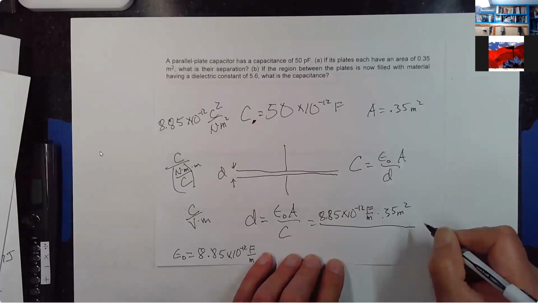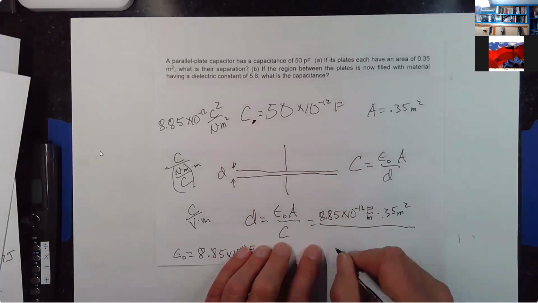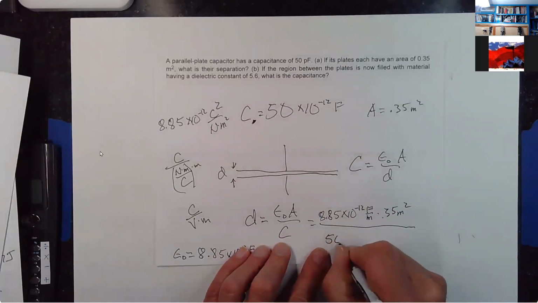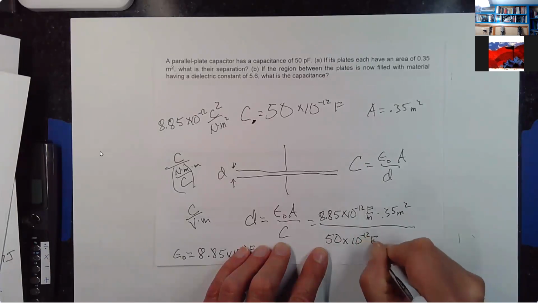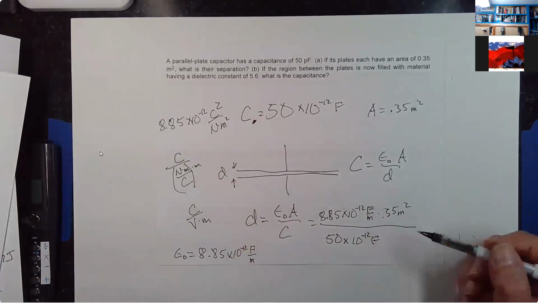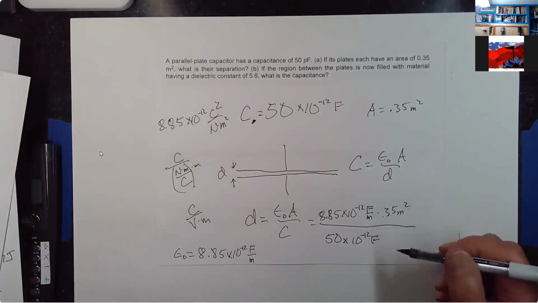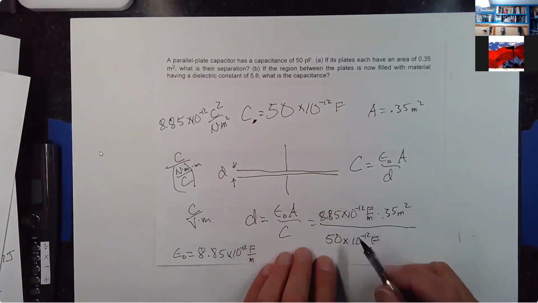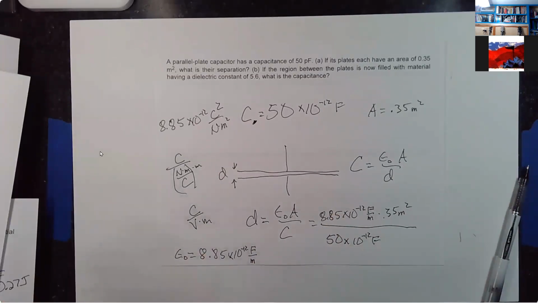Then I'm dividing by the capacitance, which is 50 times 10 to the minus 12th, just plain farads. So the farads divide out, and what I end up with is meters. That's kind of nice. And since I've got a 10 to the minus 12th top and bottom, I'm just going to ignore those.